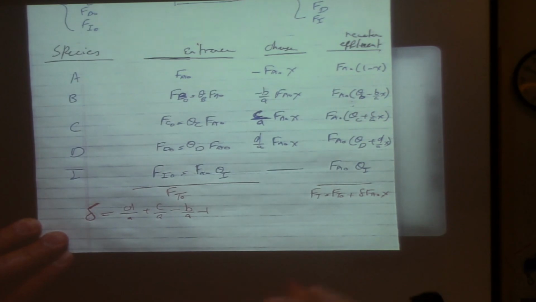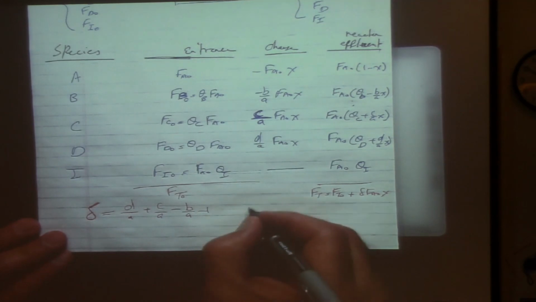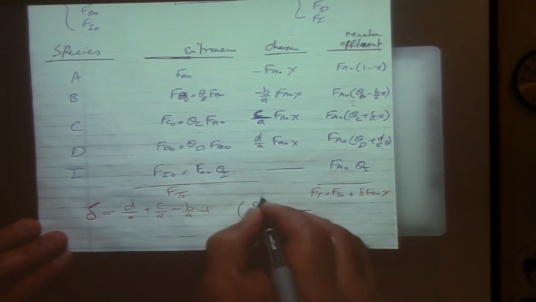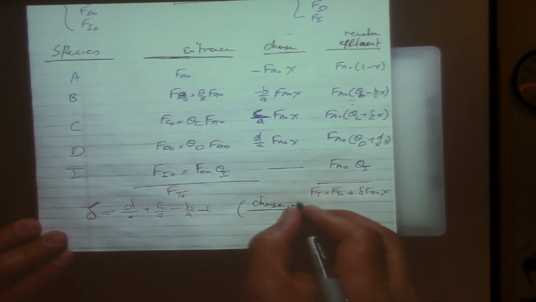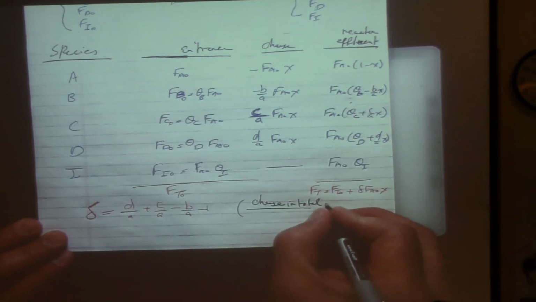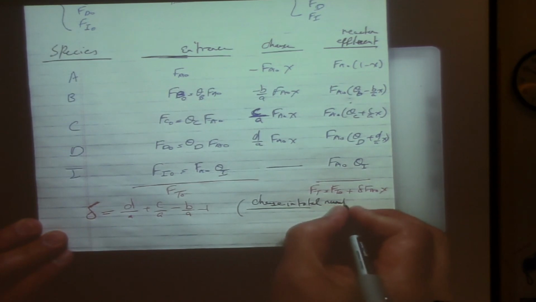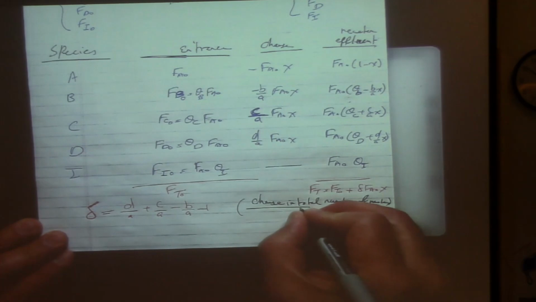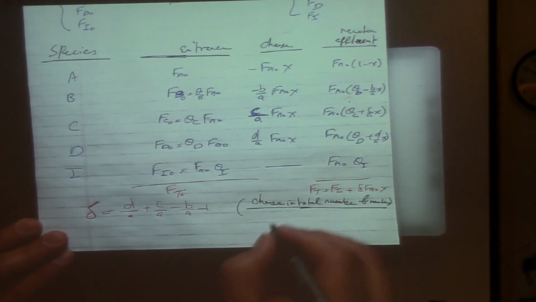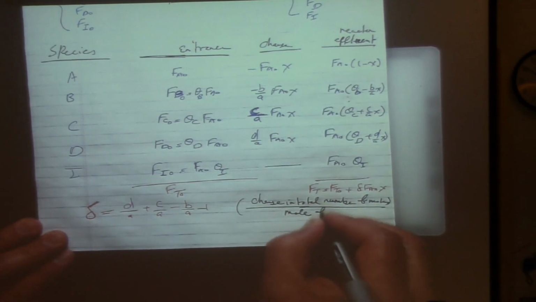The way I do it myself, I write D plus C minus B minus A, over A. So basically the definition is the change in total number of moles over moles of A.